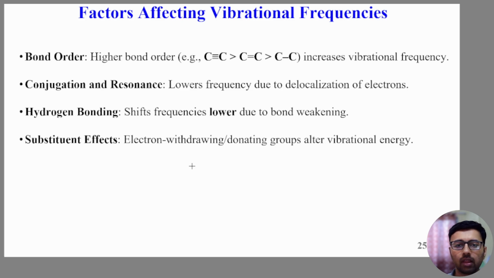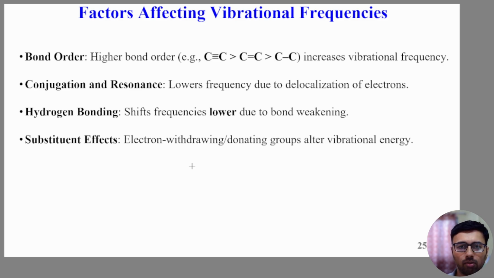Group frequencies are the foundation of practical IR spectroscopy. They allow chemists to identify unknown compounds, confirm synthesized molecules, detect impurities, and analyze molecular interaction. Instead of memorizing isolated peaks, understanding the factors that shift frequencies allows you to interpret spectra logically. You begin reading the molecule's electronic and structural environment directly from the spectrum.